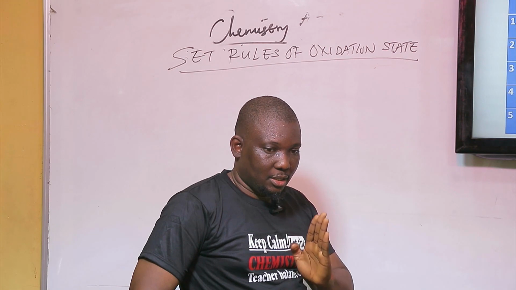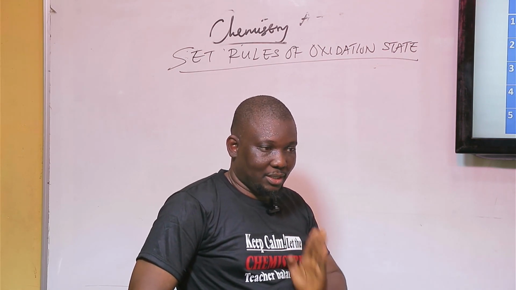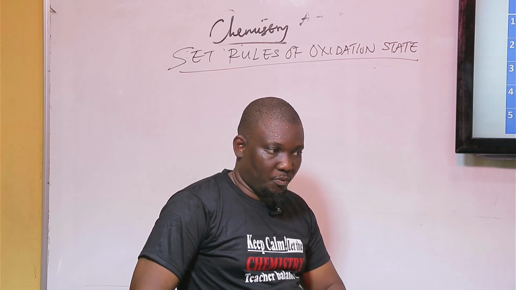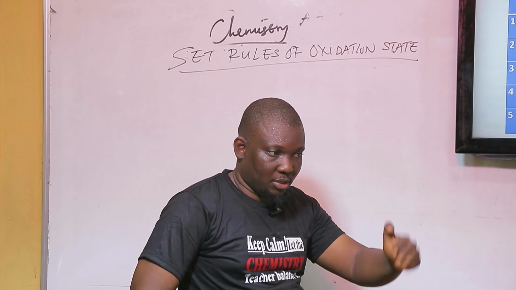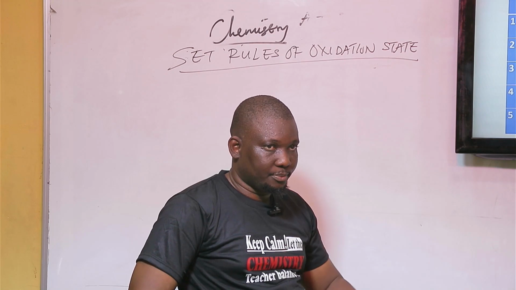I think the reason is that once an element is in its free state, where the number of protons equals the number of electrons, the sum of the total nuclear charge is what? 0.